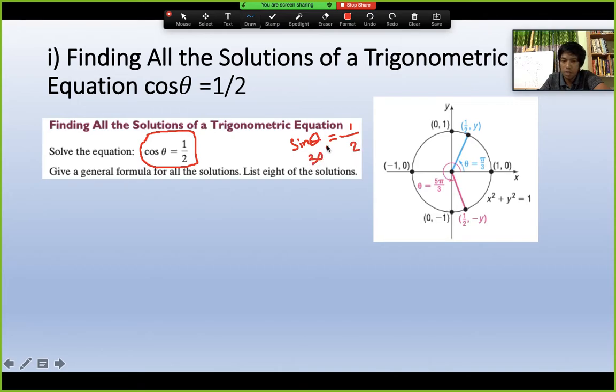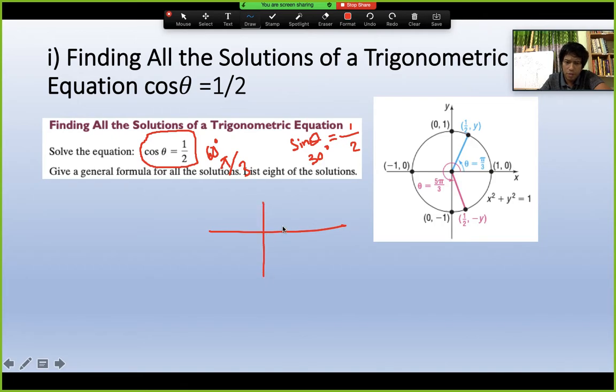So cos theta equals half will be at 60 degree, because they just come in the reverse order. This way also you can understand. And 60 degree means pi by 3. That means if theta equals pi by 3, then you have cos theta equals half.